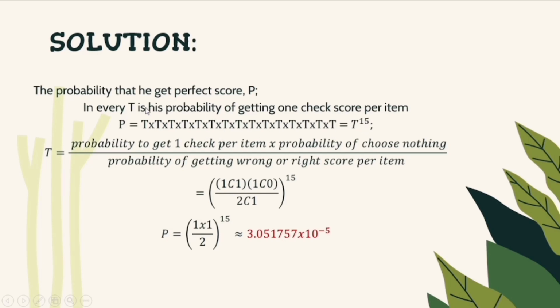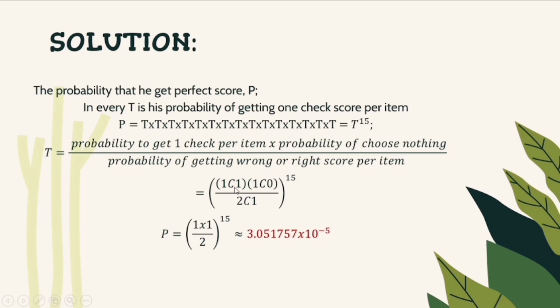T represents the probability of getting one correct answer per item. So T is the probability of getting a correct answer per item: the probability of choosing the right answer times the probability of choosing nothing over the probability of getting it wrong or right.